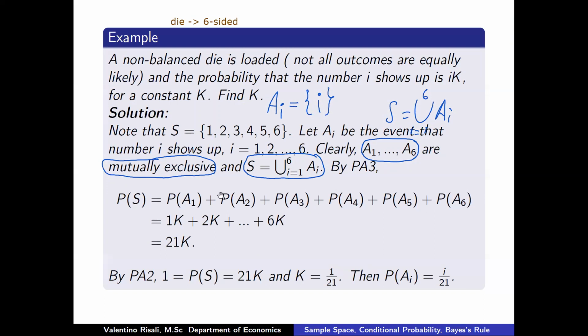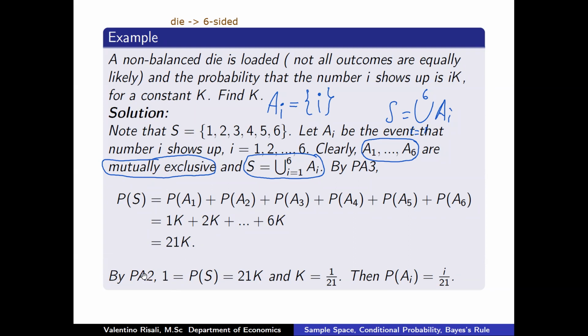This is from PA3, and because we know that the probability of number i is i times k, we can get P(A1). A1 consists of 1. It is equal to 1 times k, and then P(A2) is equal to 2k, and so on until 6k. So if we add all of them, we get 21k.